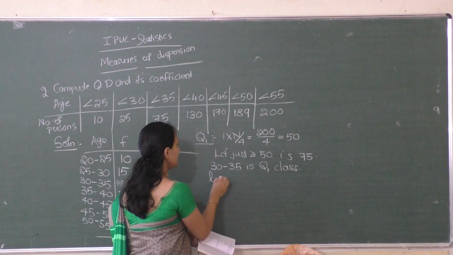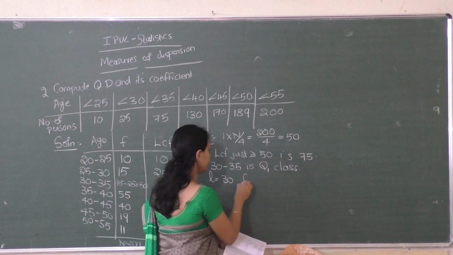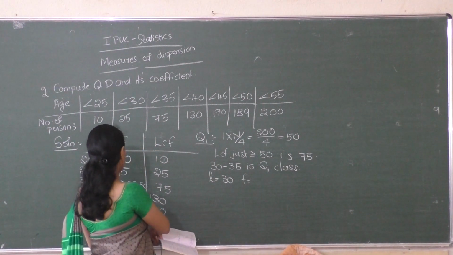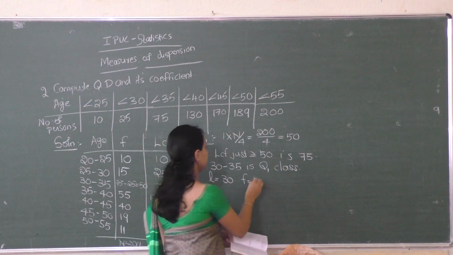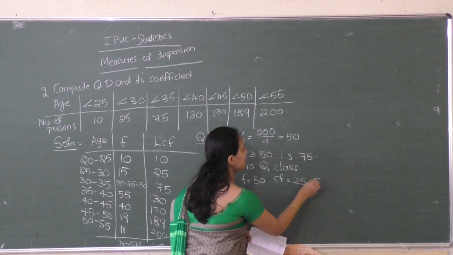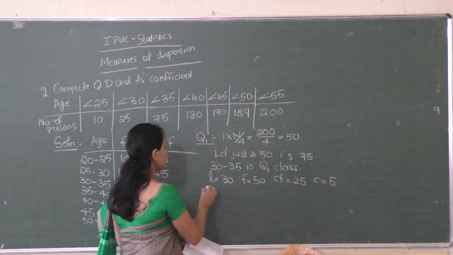L means the lower limit of the Q1 class. F means the frequency of the Q1 class, 50. Next, CF is the cumulative frequency just above. C means the width of the Q1 class, 5. Next, apply the formula.